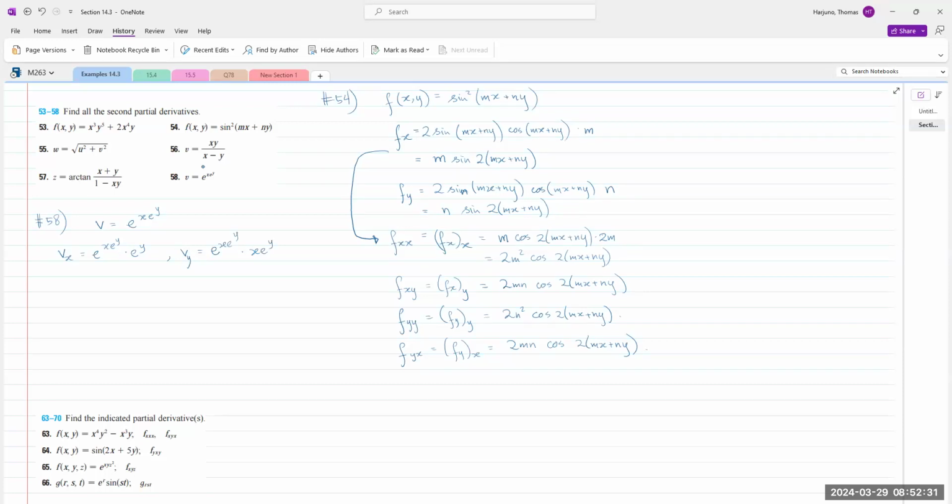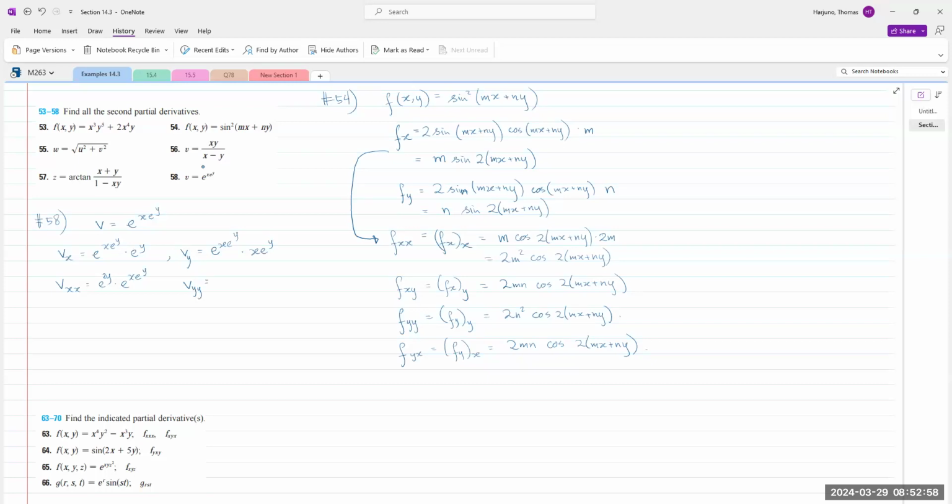Now phi sub xx, we do the derivative again with respect to x here, so basically it becomes the same thing, squared: e to the y squared times e to the x e to the y. And phi sub yy, this one is nasty.